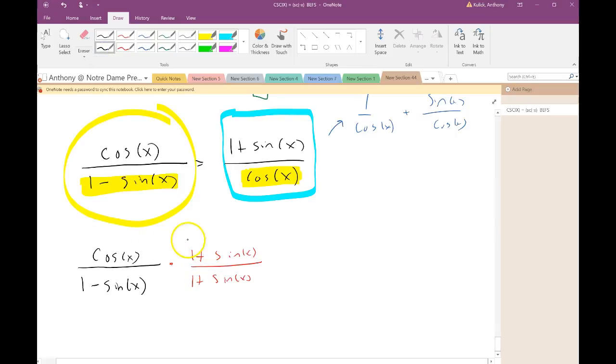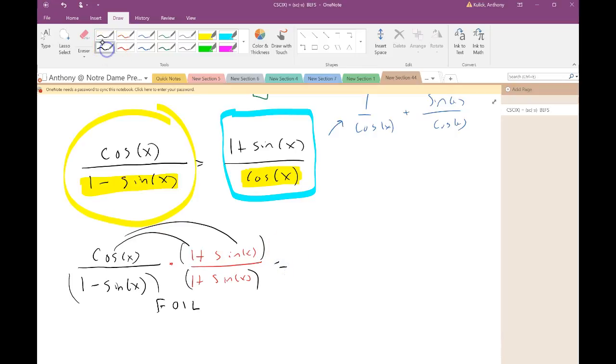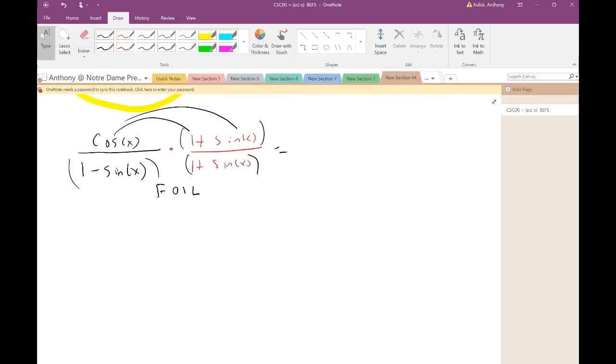So when I multiply here, the cosine needs to distribute. And when I multiply the denominator, what's going to happen down here? I'm going to have to FOIL. Are we okay with this plan?